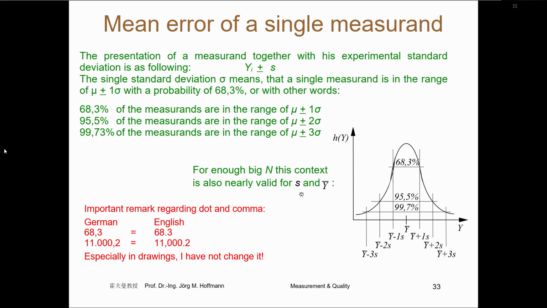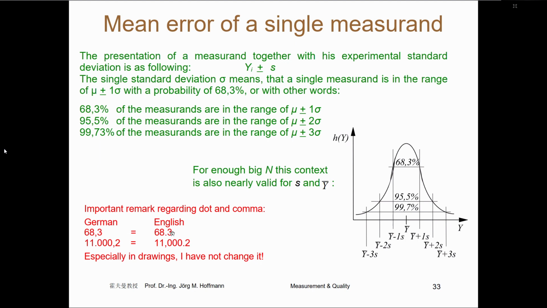So, and by the way, I have written here a remark. The dot and the comma is every time a problem. In German, we say 68,3.